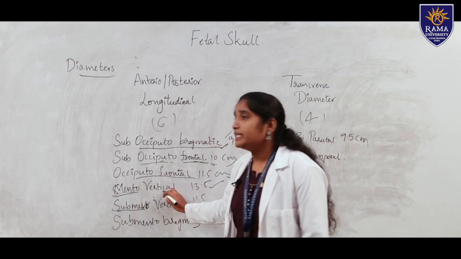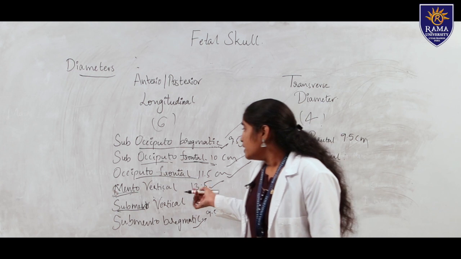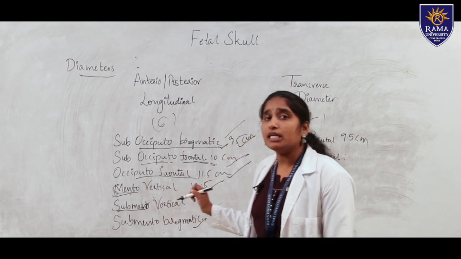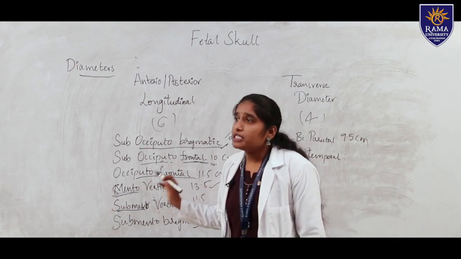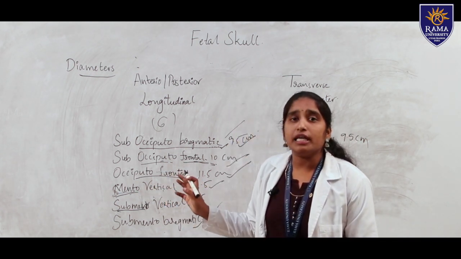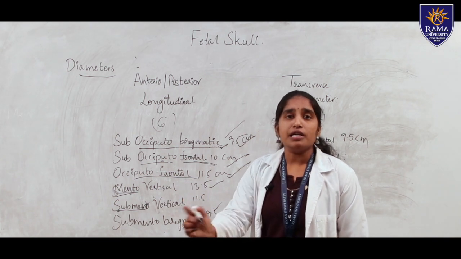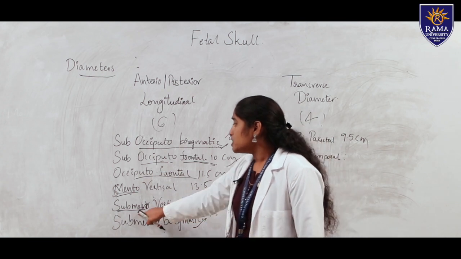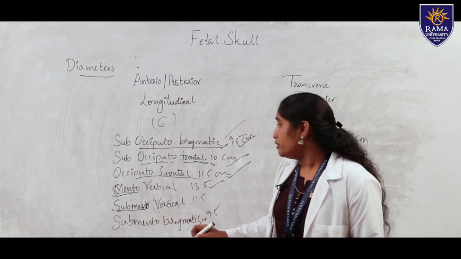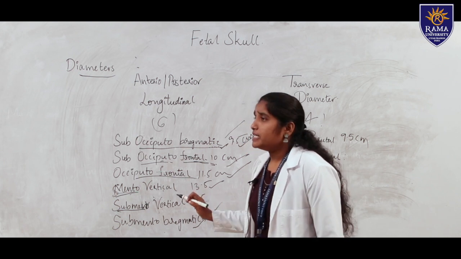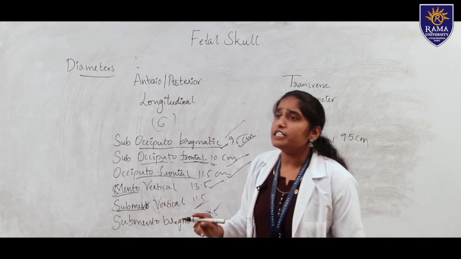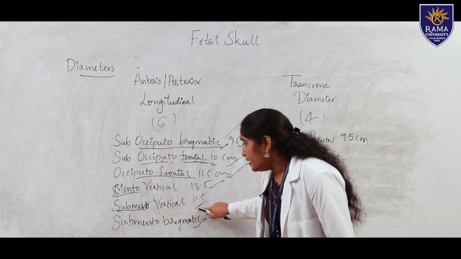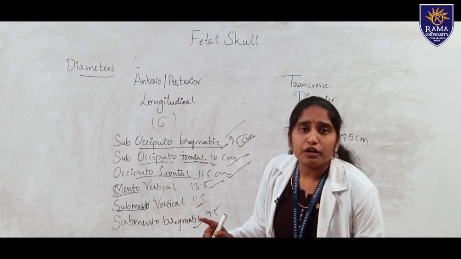Then mentovertical. It is the highest and largest diameter of the fetal skull. It measures about 13.5 centimeters, from the chin to the highest point of the vertex, nearer to the posterior fontanelle than to the anterior fontanelle. Then submentovertical measures about 11.5 centimeters, from where the chin joins the neck to the highest point of the vertex.